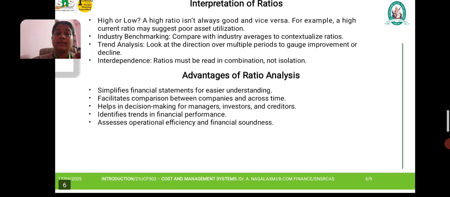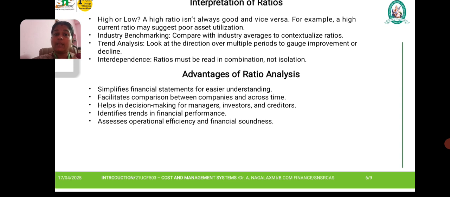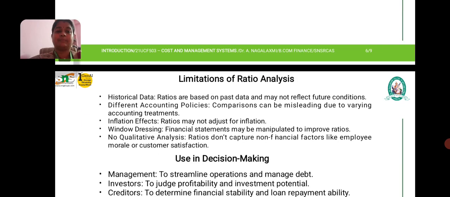It facilitates comparison between companies and across time, helps in decision making for managers, investors and creditors, identifies trends in financial performance, and assesses operational efficiency and financial soundness.